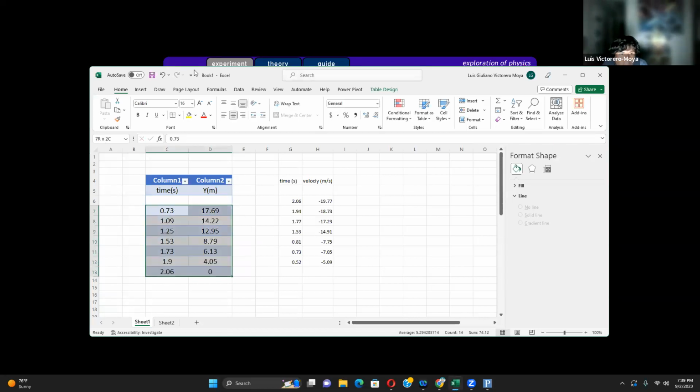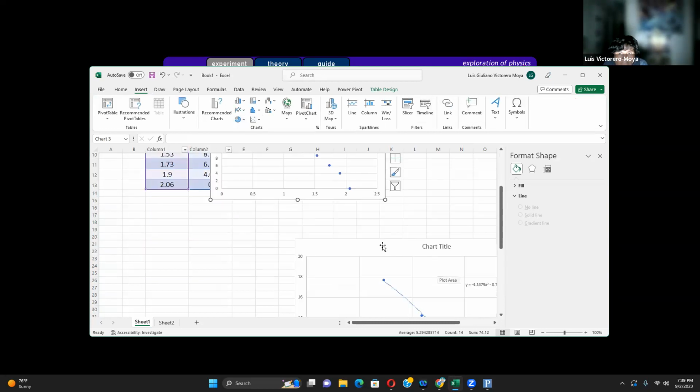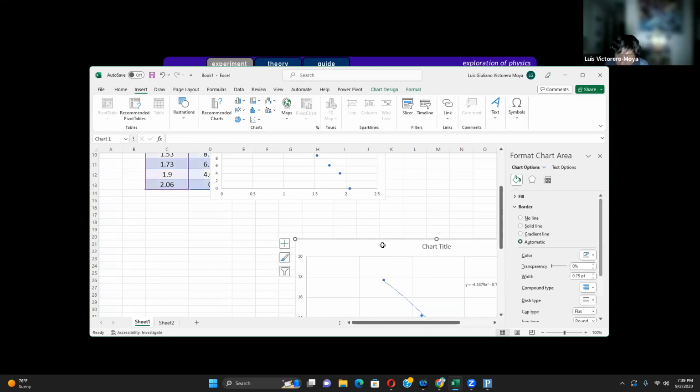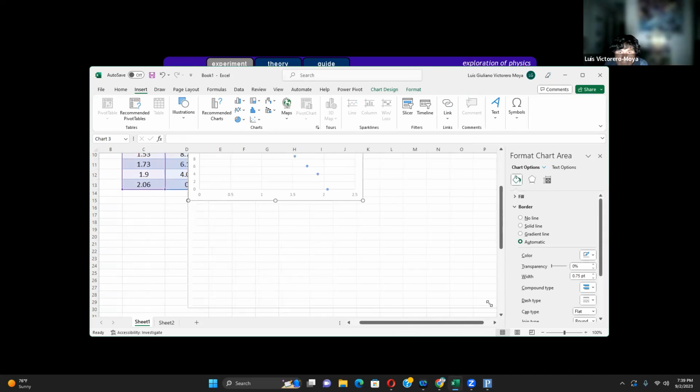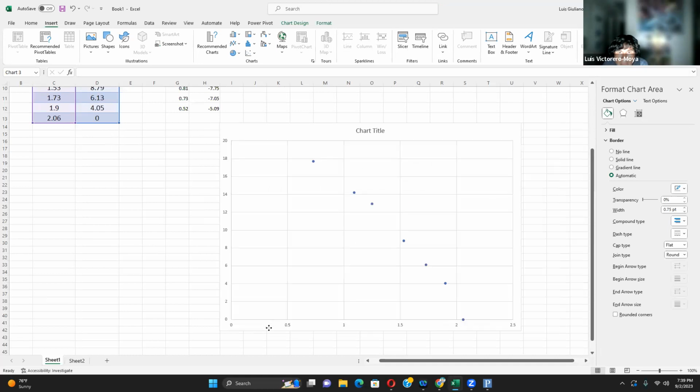So now I'm gonna plot this. And you should see again with the scatter plot. Make it bigger. It doesn't matter if there's space between the points.